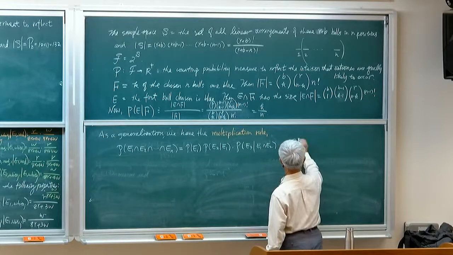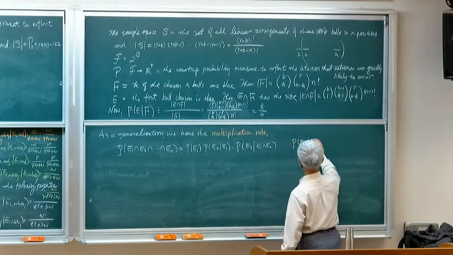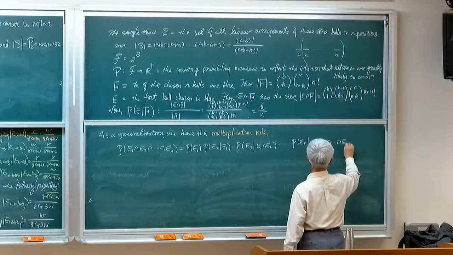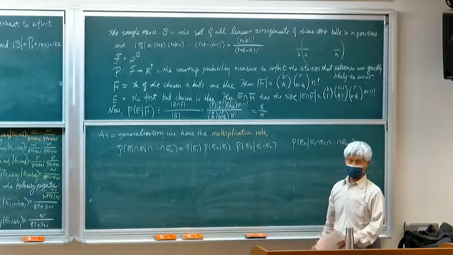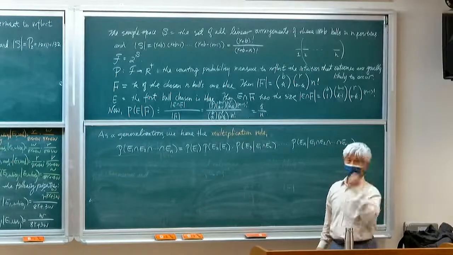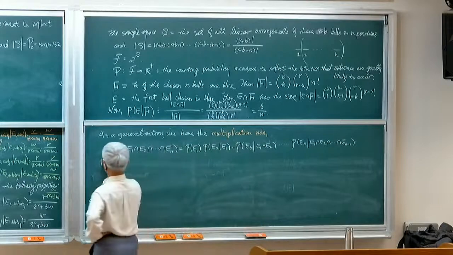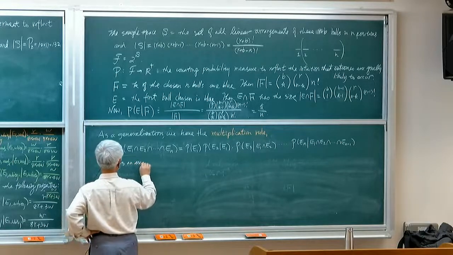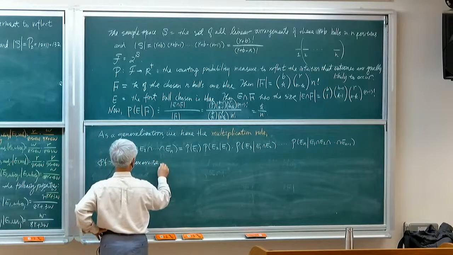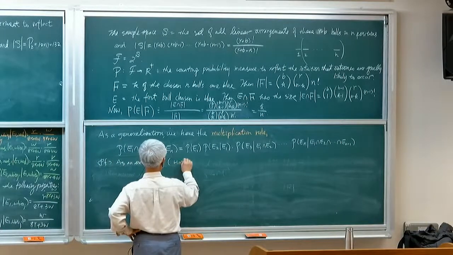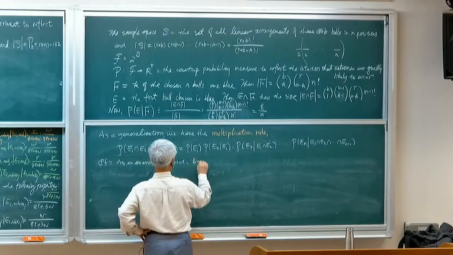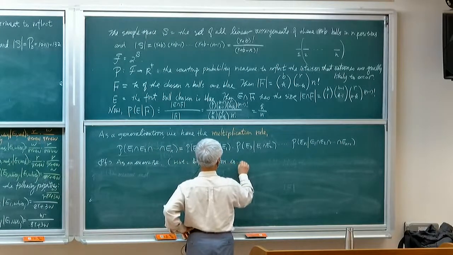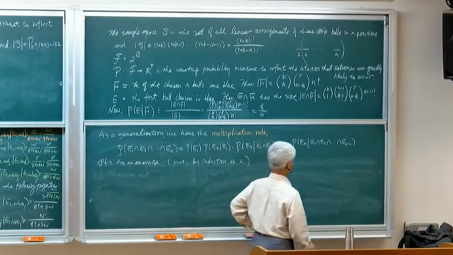And up to probability of En given E1 intersect E2 and so on. Okay? And the proof is left as an exercise. The hint is by induction on n. Okay.